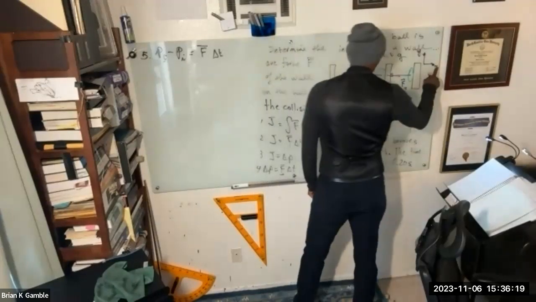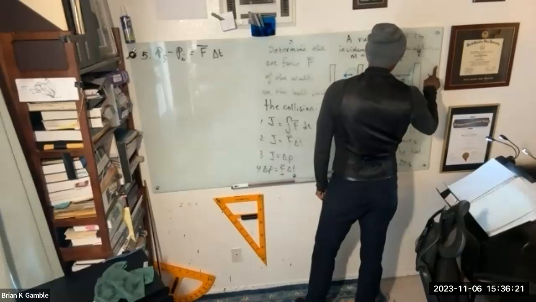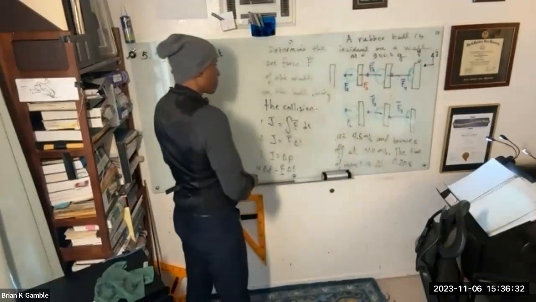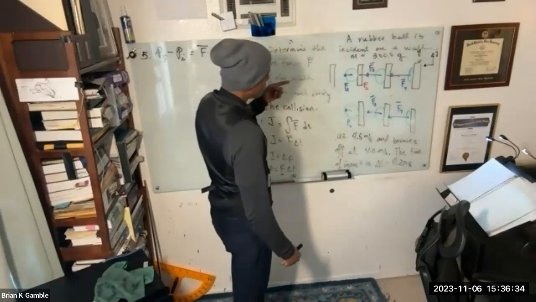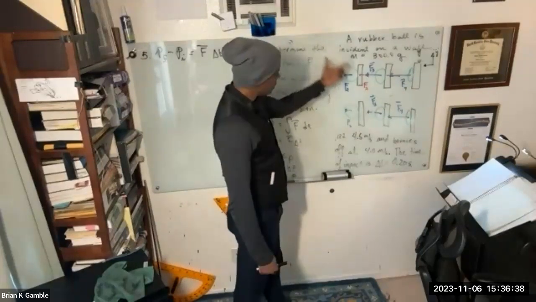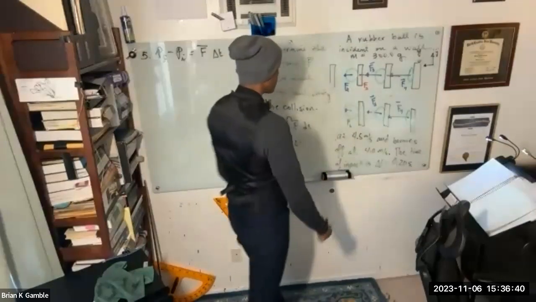I could turn it around. So we could make that positive x and up y. So I'm looking at it from the other point of view. So final is in the positive direction, minus initial in the negative direction.